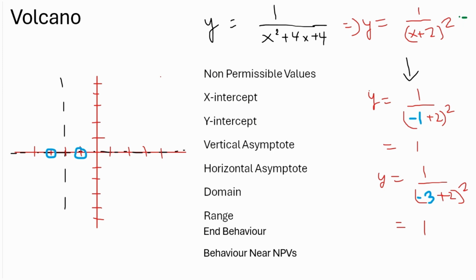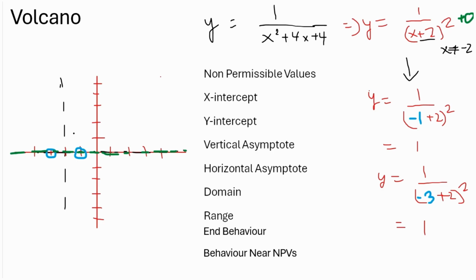So our horizontal asymptote is y equals 0, and our vertical asymptote is our h value, right? So x cannot be our NPV, x cannot be negative 2, right? Because that's going to make it 0. So that's our one asymptote.